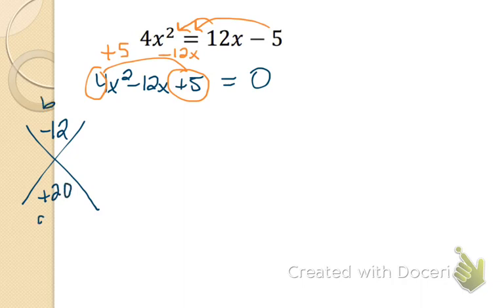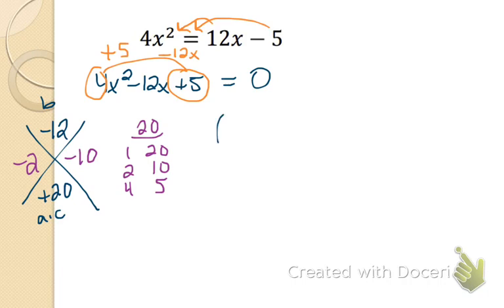So again, this is B, this is the product of A and C. And we got to find the factors of 20 that are going to give us 12. We start with the smallest, 1 and 20, 2 and 10, 4 and 5. So the only ones that can somehow give us a 12 are 2 and 10. Since 12 is negative, then they both have to be negative.